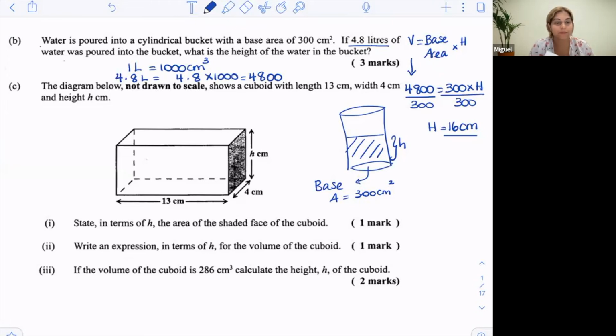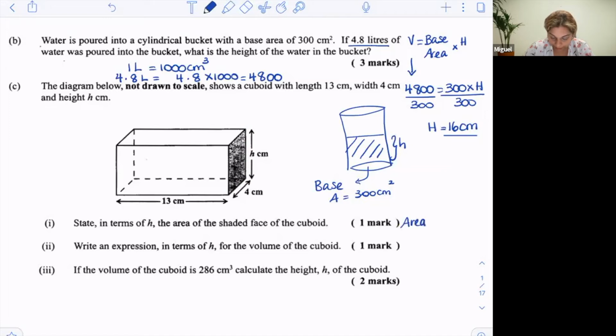State in terms of H the area of the shaded face of the cuboid. The shaded face is a rectangle. The width is 4, the height is H. Find for me the area.